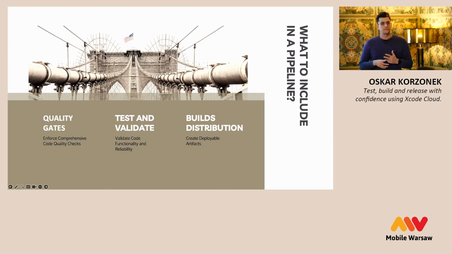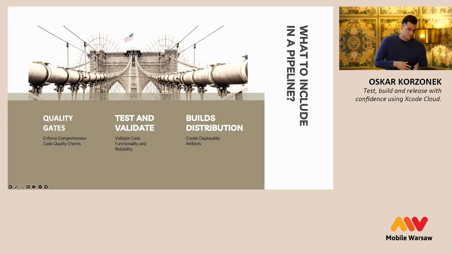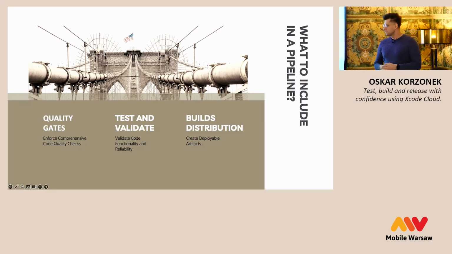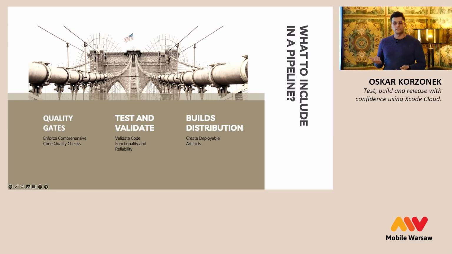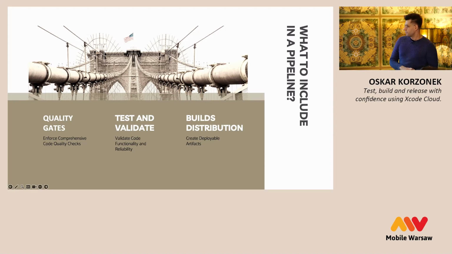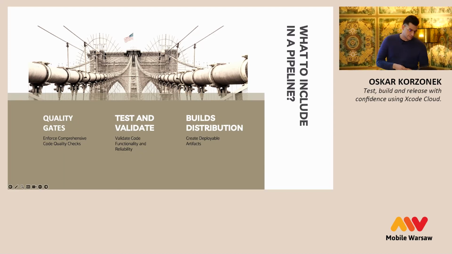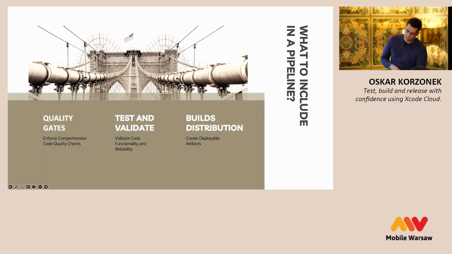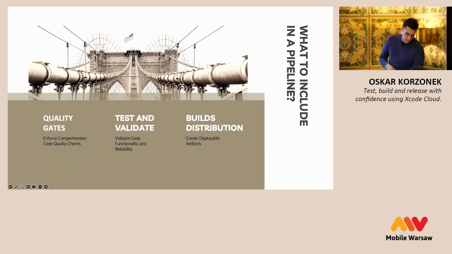You can do linting to ensure that everyone in the team uses the same syntax. Like I said before, it's important to test and validate your code, your features, and at the end you can create an artifact which you can deploy to the production environment.